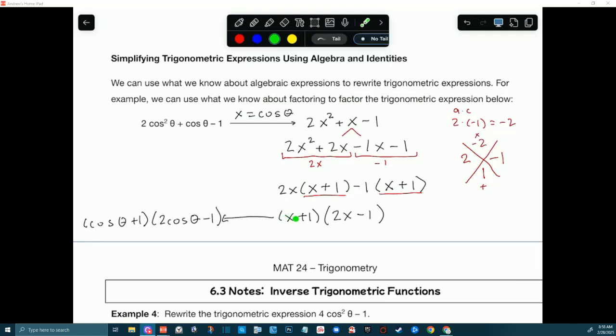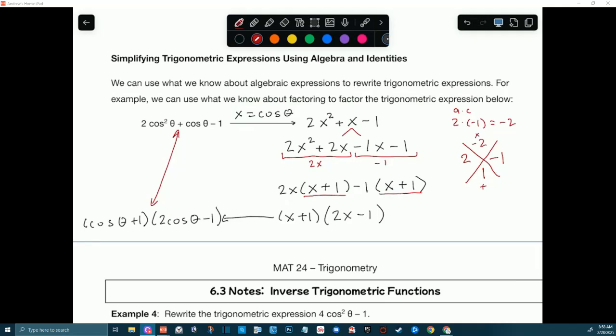This x got replaced with cos theta because way back at the beginning, that's how we defined x. X is the same as cosine theta. So those two expressions are equivalent.